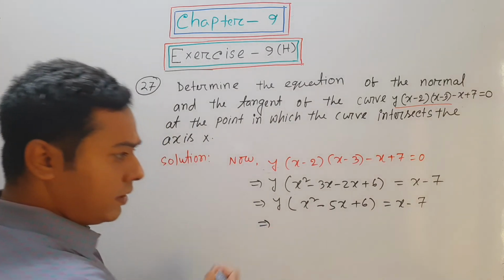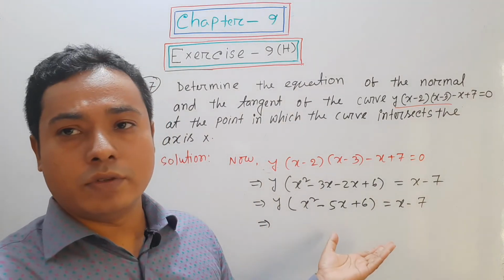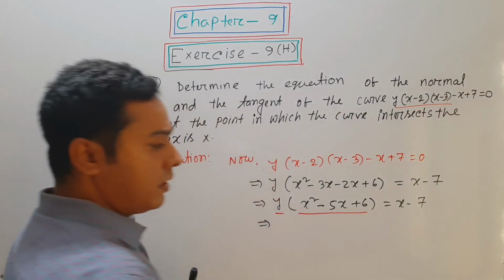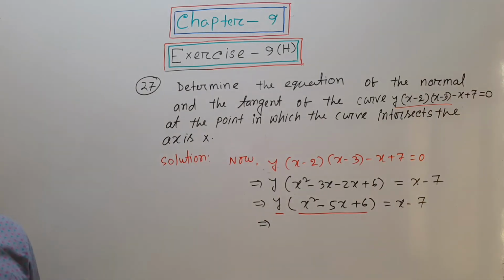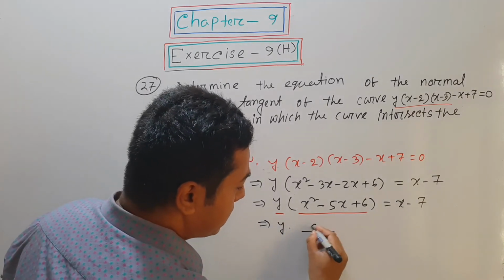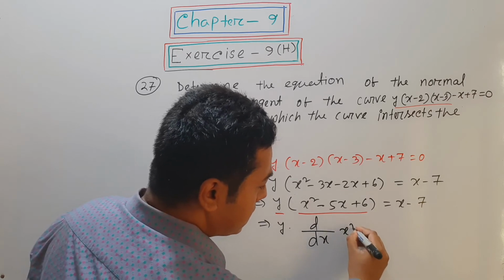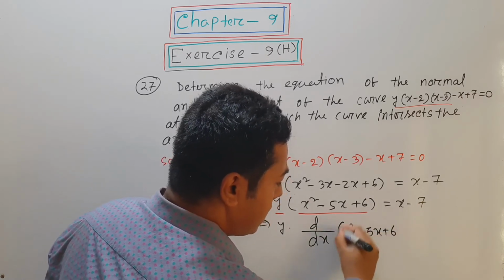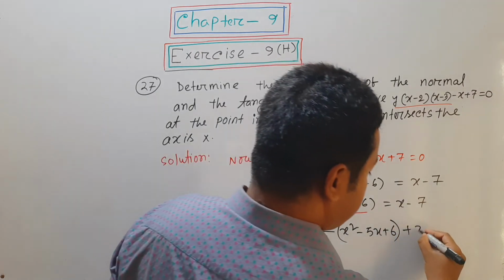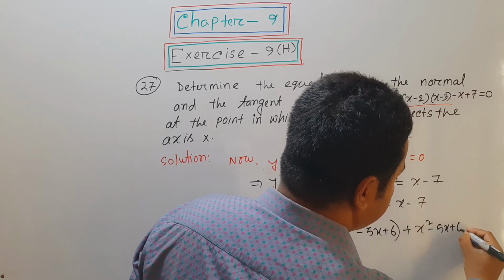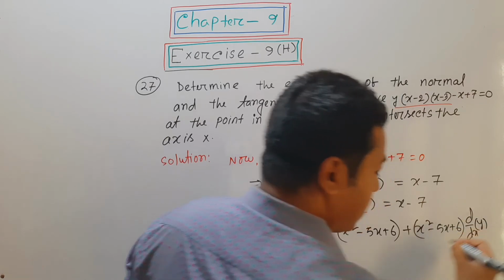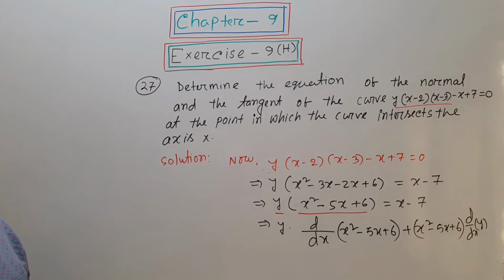Now differentiation in both sides with respect to x. In left hand side you think this is u and this is v. Now we can differentiate y into ddx of x square minus 5x plus 6 and plus x square minus 5x plus 6 into ddx of y by the u into v method.